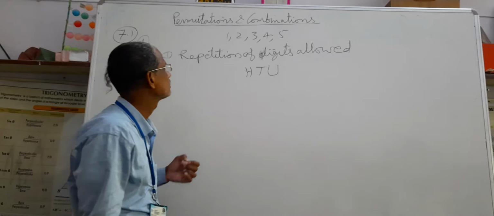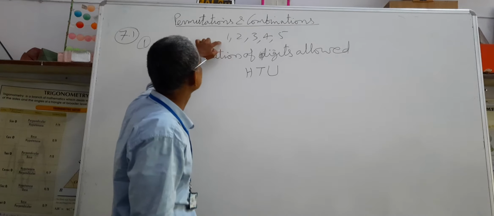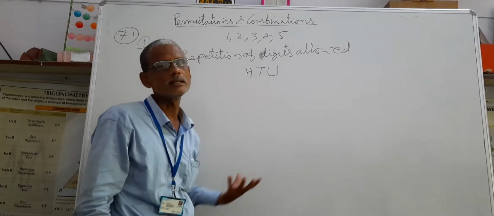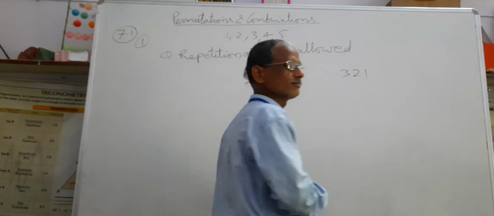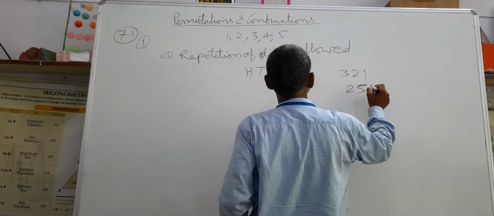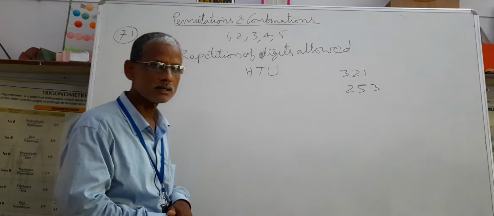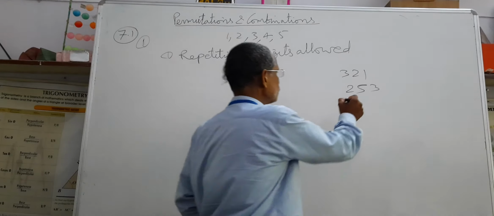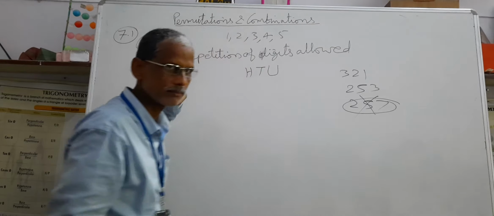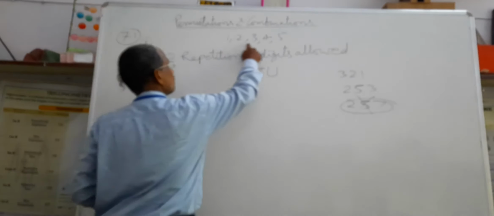If we place any three digits from these digits at three places, a three-digit number will be formed, like 321, or 253. 257 is not possible because here 7 is not given. You are required to find three-digit numbers using only these digits.